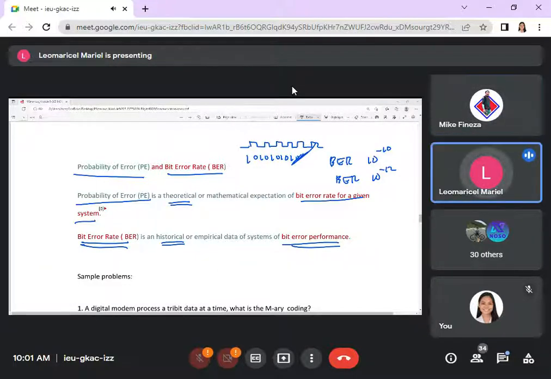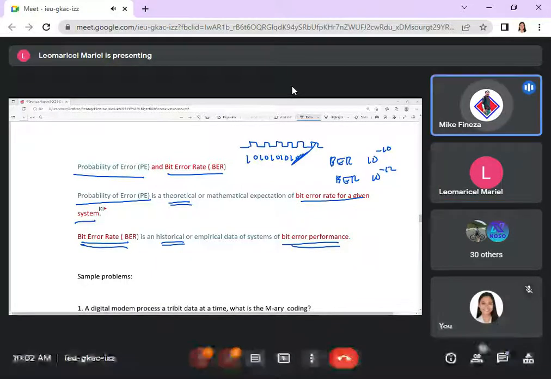Okay, so meron tayong system na bit error rate that is 10 to the negative 10 at bit error rate that is 10 to the negative 12. My question is, ano yung system na mas maganda dyan? So tinanong ko si Hermosa, ang sabi niya 10 to negative 12 as supported by Mr. Acuña, which is correct. But the question is, why do you say so that if you have the bit error rate of 10 to negative 12, that would be more reliable?